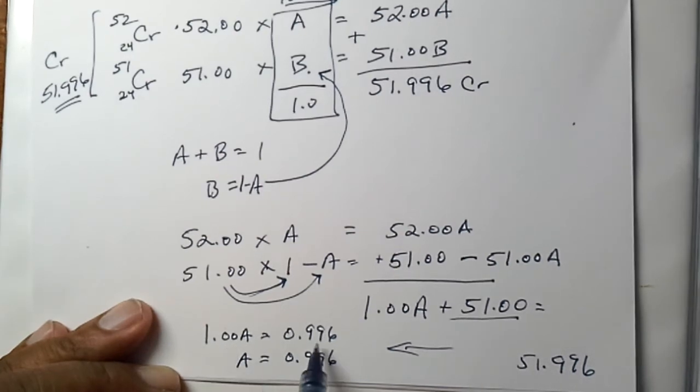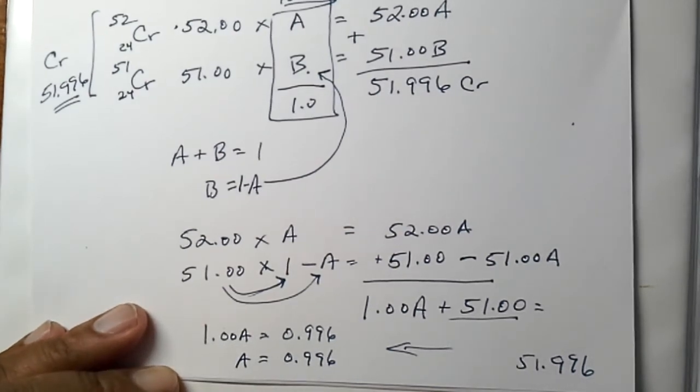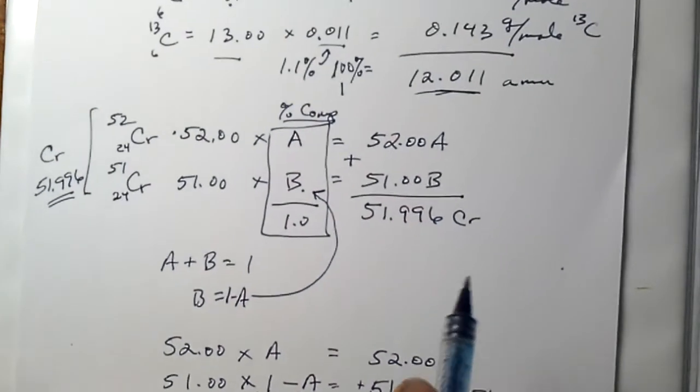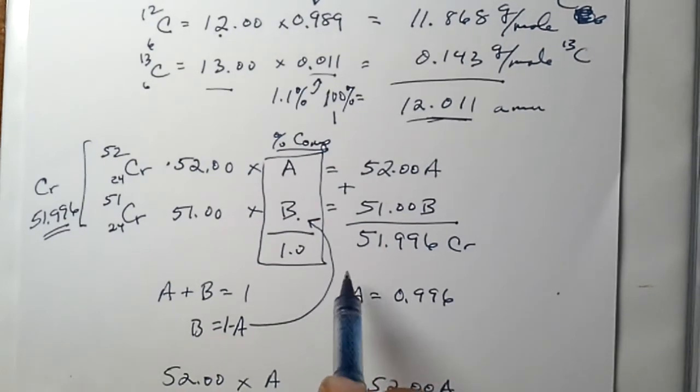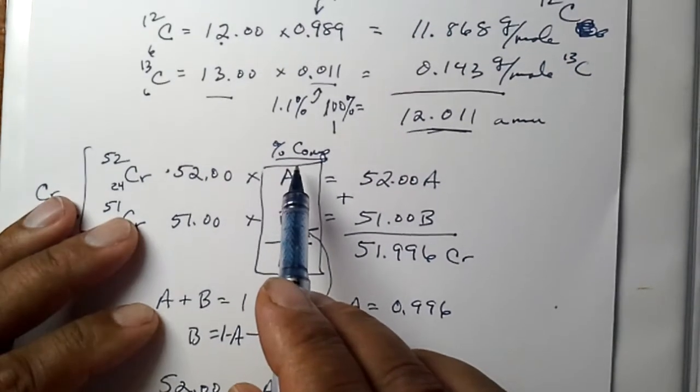You can divide both sides by 1. So now this becomes equivalent to A in our percent composition.